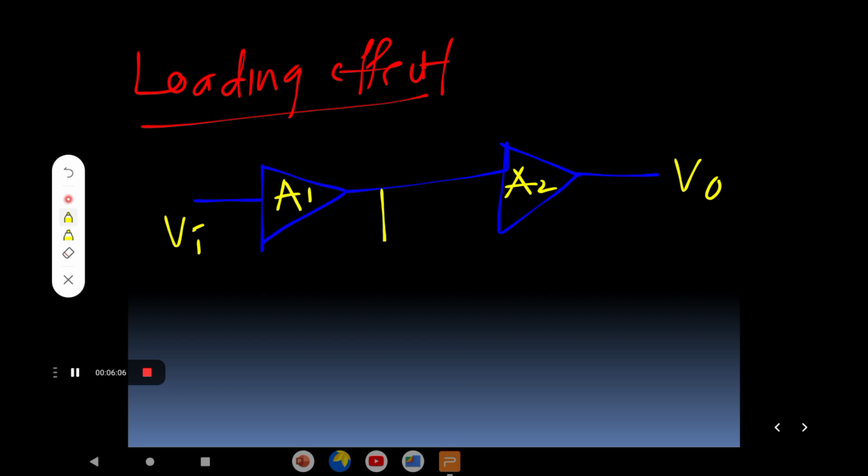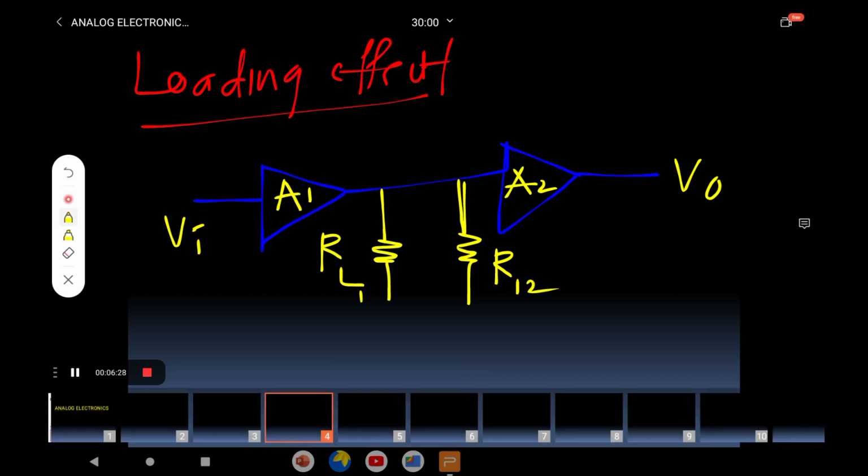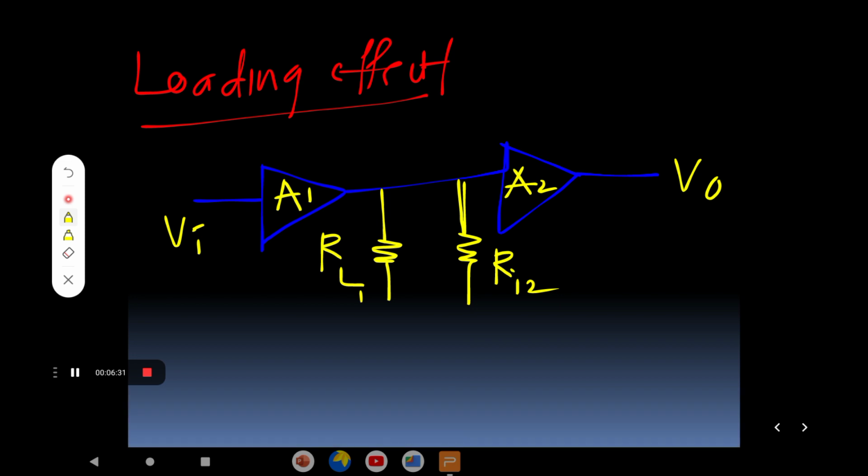The first amplifier has a load resistance, which I will call RL1, for notation. The second amplifier also has a resistance, which is generally called the input resistance. For notation, RI2 dash is the input resistance of the second amplifier, right?